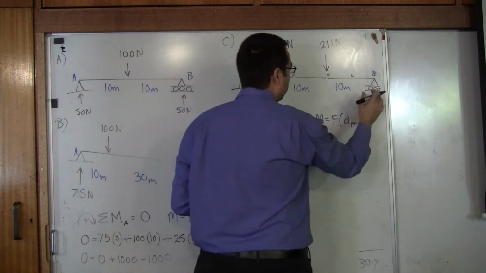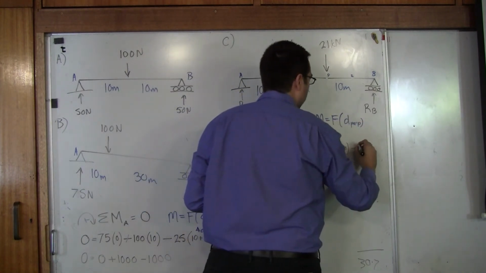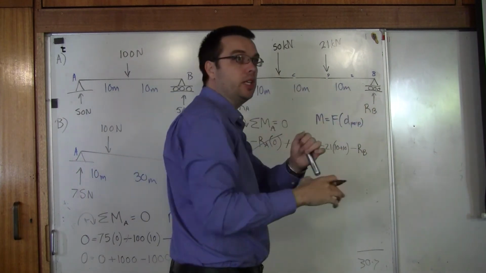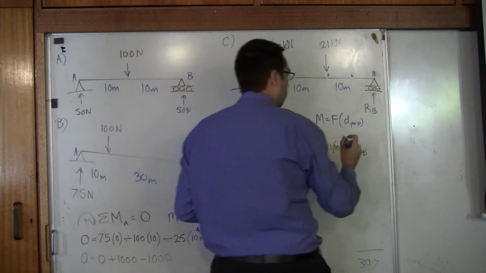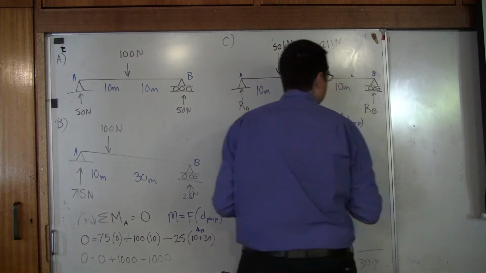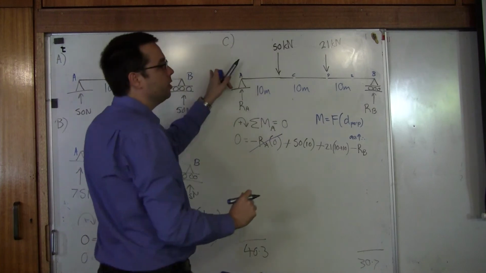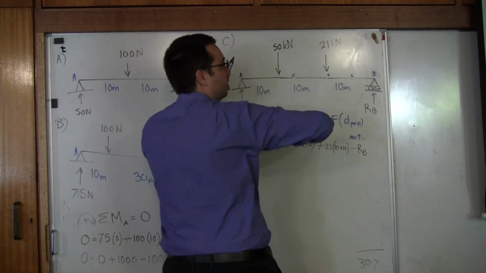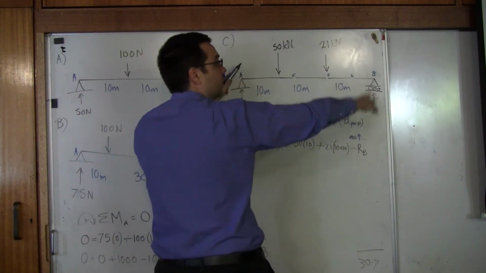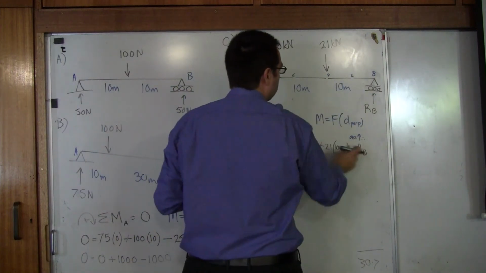Now, lastly, we're going to do our reaction B, right? So I'm going to write minus RB. Now we're making an assumption here, right? We're assuming up. And if we assume that it's up, is it going to go up? Yeah. Which way? Anti-clockwise. So we're going to leave that as minus.